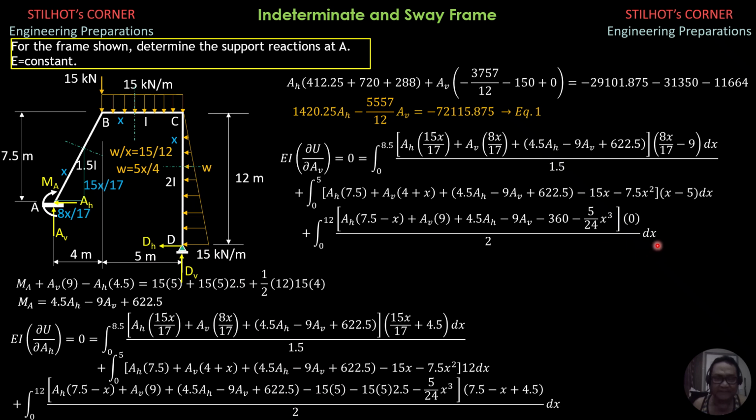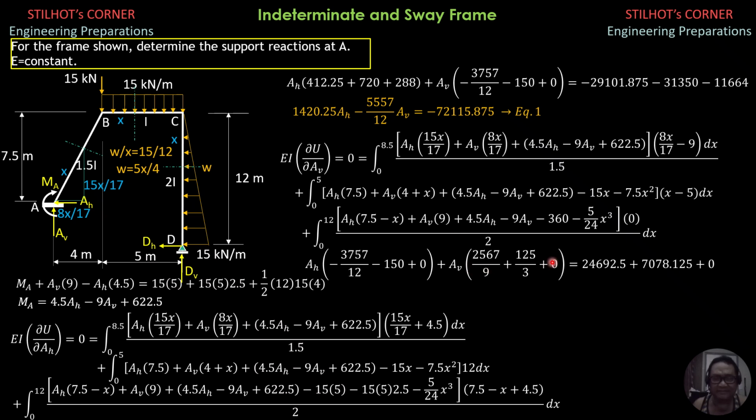So setting up the second equation, coefficients of AH, expected that it should be equal to this, negative 5557 over 12. Remember the technique. So AH times negative 5557 over 12 and negative 150. 0 in the third, as I said. Then plus AV, 0 at the third term.